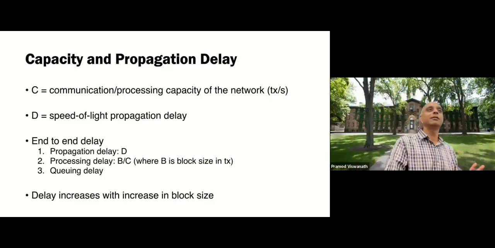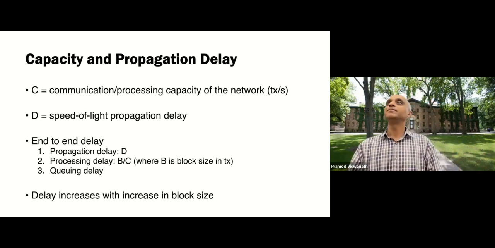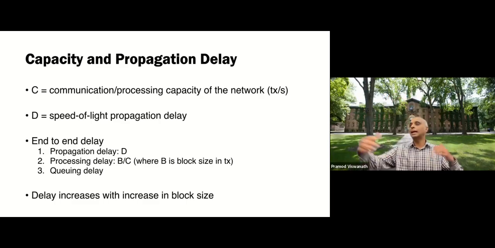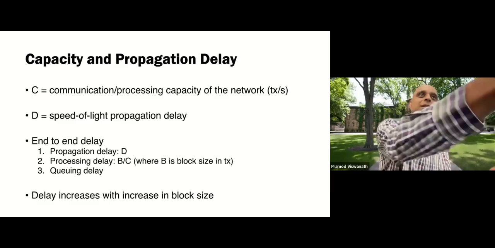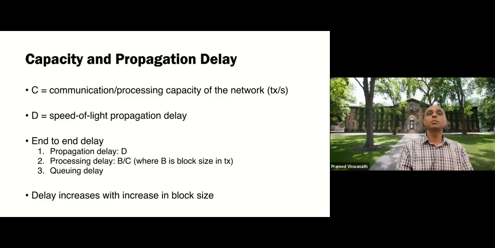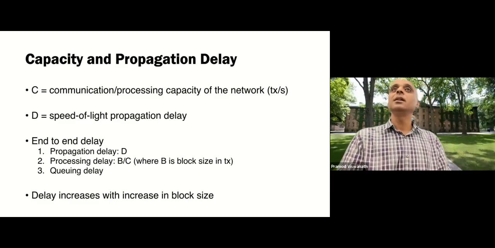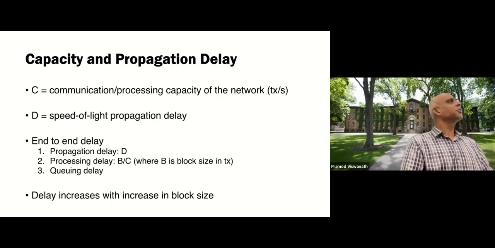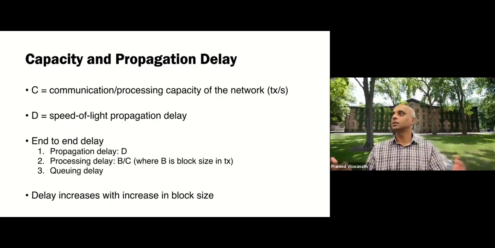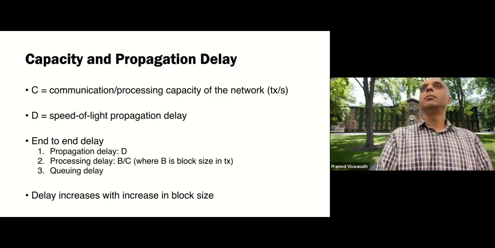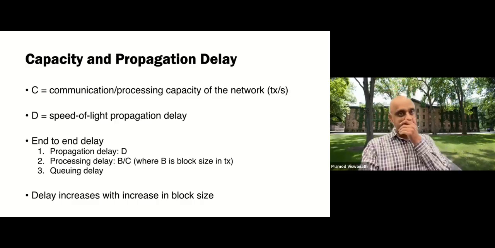The most basic way in which it shows up is block size normalized by the capacity adds to the delay. So the end-to-end latency depends upon propagation delay, which is roughly speed of light, along with some number of hops, and processing delay, which depends on the block size normalized by capacity, and queuing delay if there's just a lot of packets coming in.